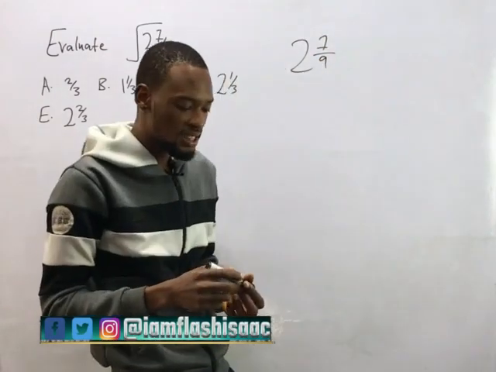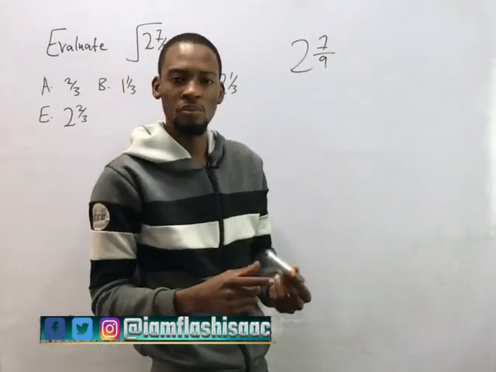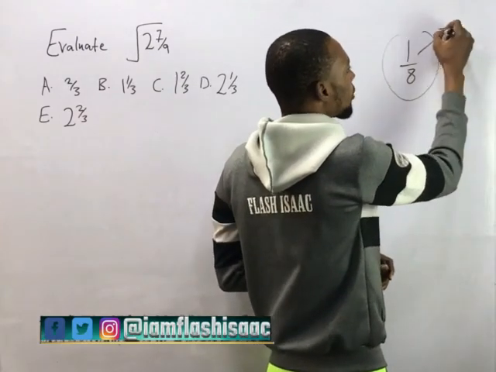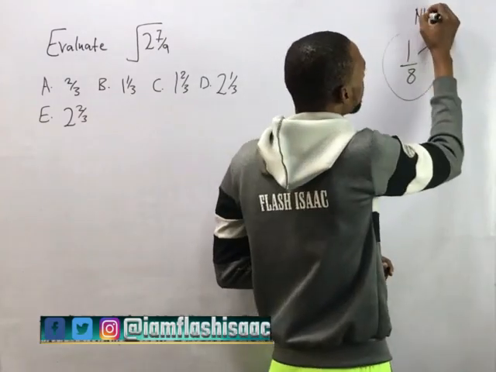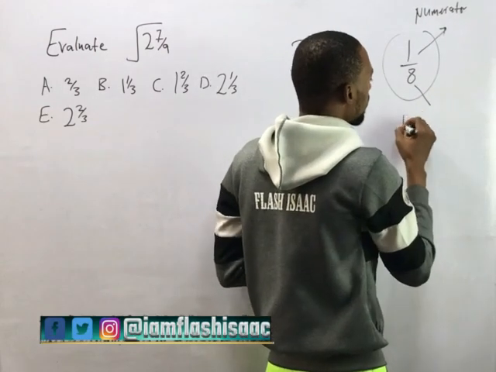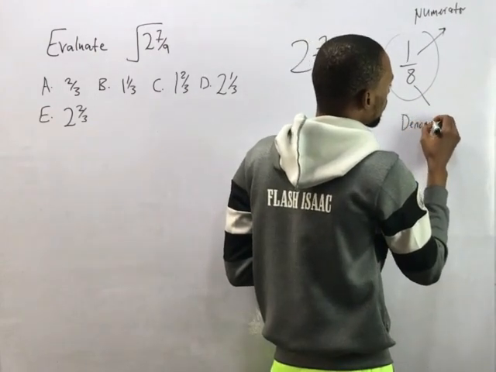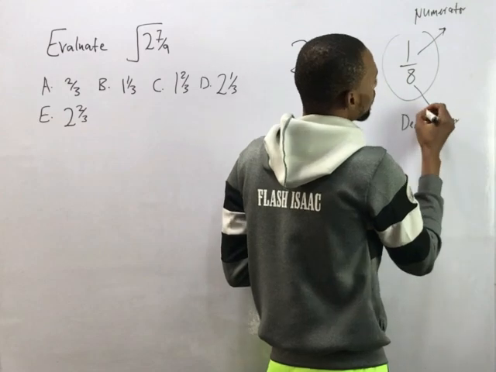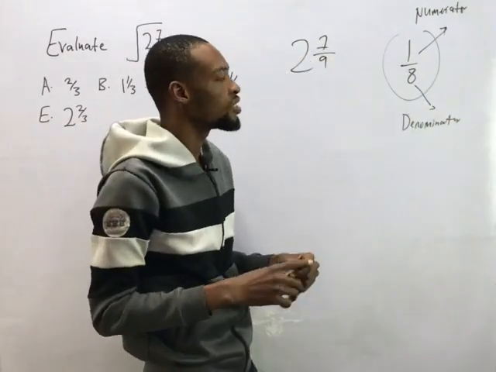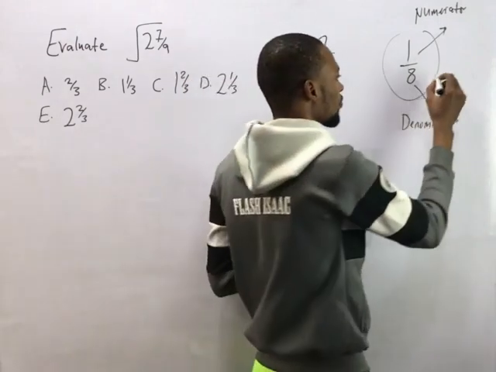A fraction is simply a number that has a numerator and a denominator. So when you have something like 1/8, this is the upper part. It's called the numerator, and this is the lower part. It's called the denominator. If the numerator is smaller than the denominator, it is called a proper fraction.